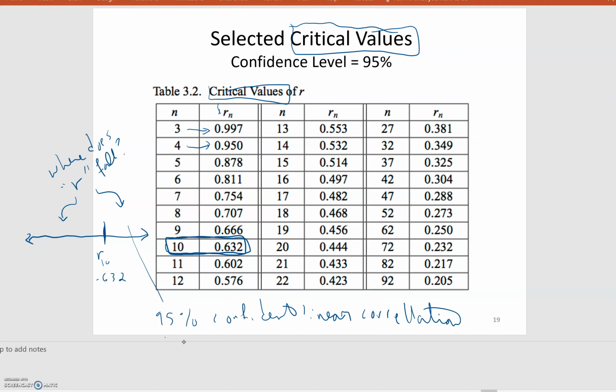Whereas if we fall over here, so that R is smaller than 0.632, then the way to interpret this is that we cannot be 95% confident in correlation.